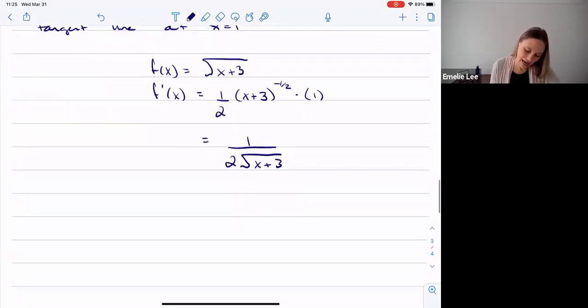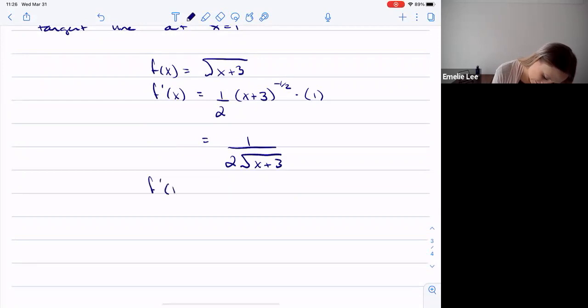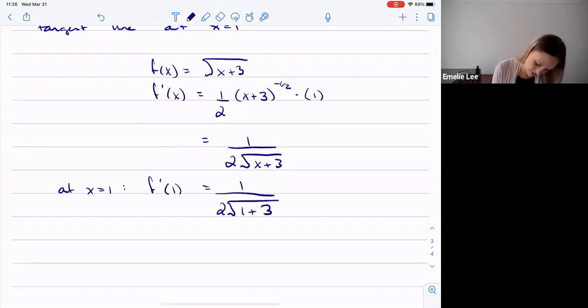So then we get 1 over 2 root x plus 3 is my derivative. So now at x equals 1, f prime at 1, the derivative is 1 over 2 times the root of 1 plus 3.